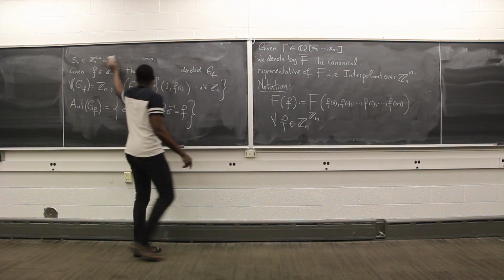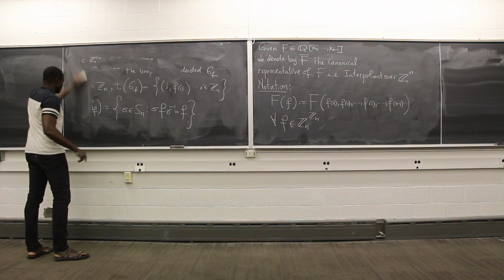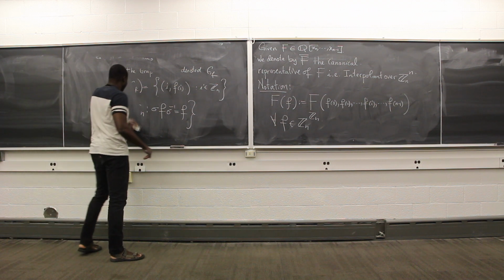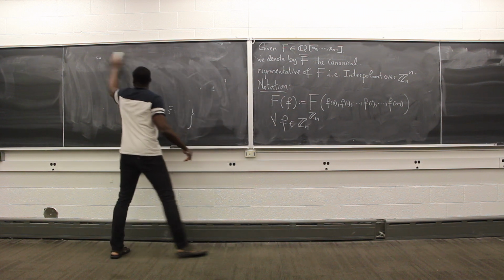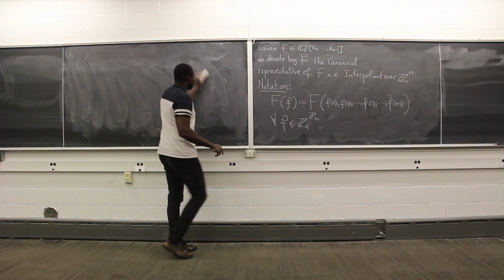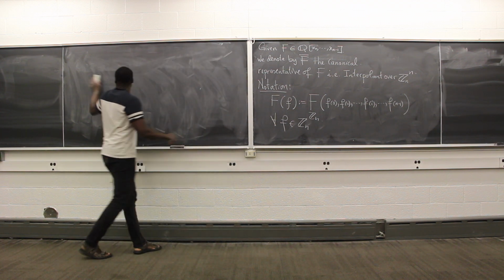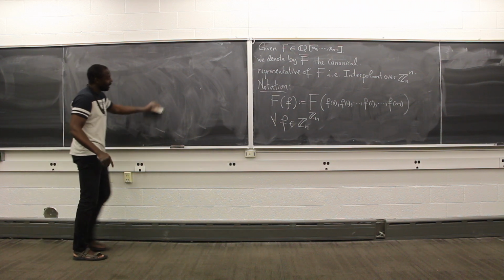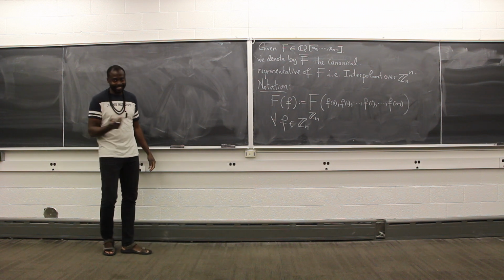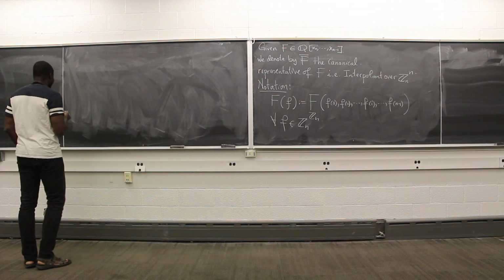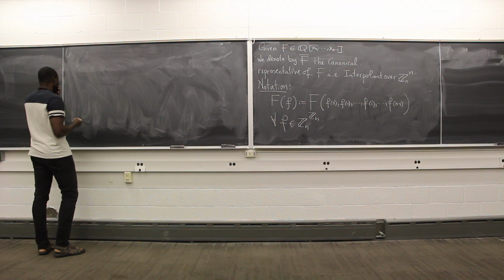Let me do a small example to illustrate this very important idea. I want to emphasize, understanding is more important than finishing the argument, so don't hesitate to ask questions.